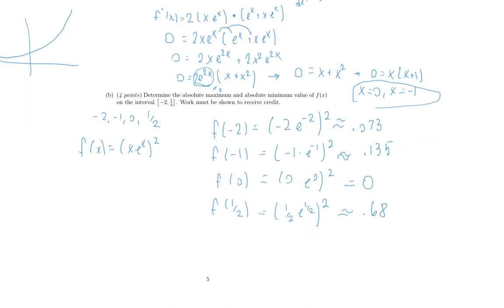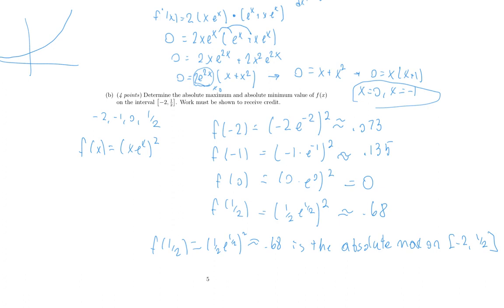So our largest one happened at 1/2. I'll say f of 1/2, being 1/2 e to the 1/2 squared, which is approximately 0.68, is the absolute max on our interval, because maybe somewhere outside of our interval it can reach something greater.